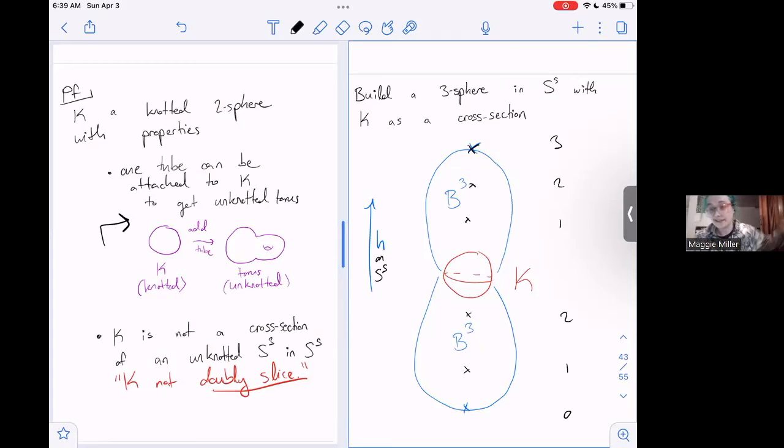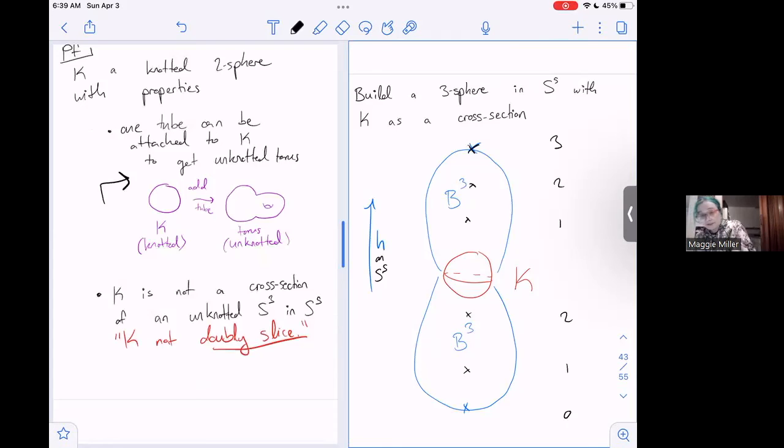So basically I'm saying in each of the 3-balls, I have 1 index 1 point and 1 index 2 point. And that comes from the fact that I need 1 tube to unknot my knot. If you're interested in the specific construction, I'm having office hours right after this, but I thought that during the talk, that would be a lot. But we get a very explicit Morse function.